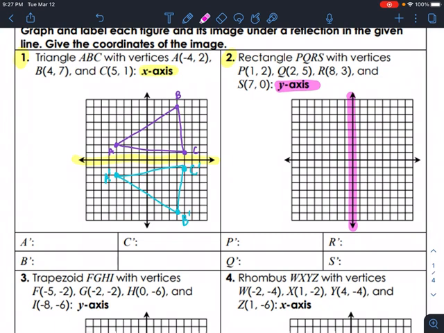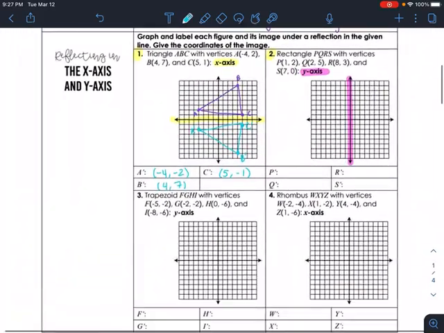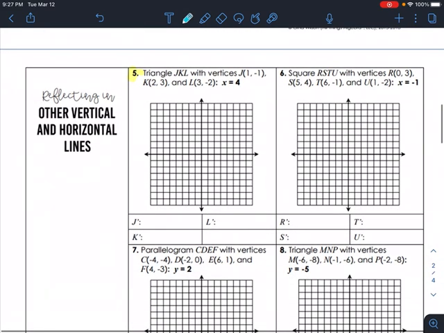One thing I forgot to do was write in the new points, so I'll write in my new points here as well. Make sure you do that when you plot your new figures. Go ahead and pause this video and complete the rest of the problems 2, 3, and 4.